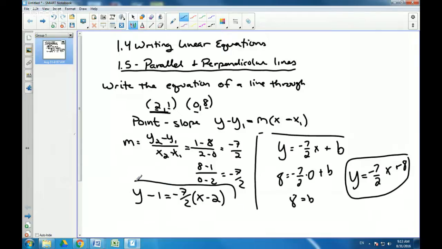Same answer. If you solve for y, it's gonna get you the same one. But this took longer, and you had the possibility of calculation mistakes in it. So I would just default to point-slope if you can.